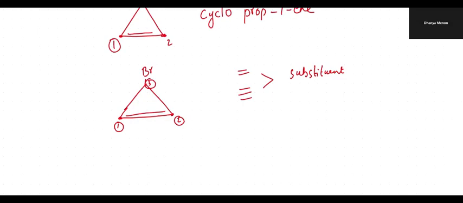So substituent first, 3-bromo, then cyclo, prop, 1-ene. The double and triple bond are very important than substituents.